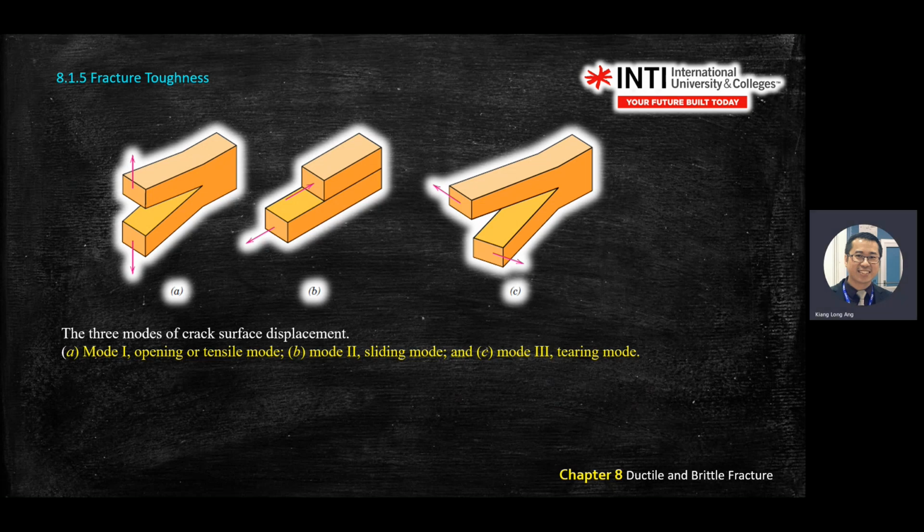Mode 1 is opening, mode 2 is the sliding mode, mode 3 is the tearing mode. Okay, so there are three modes for fracture.